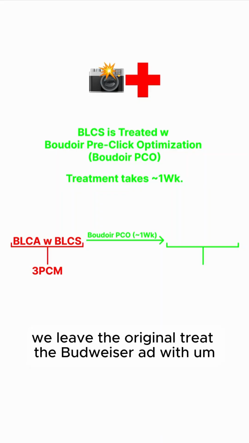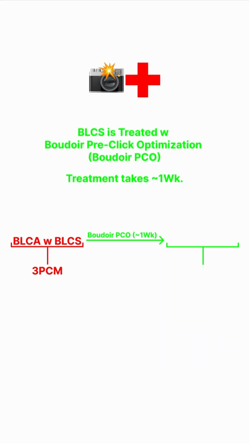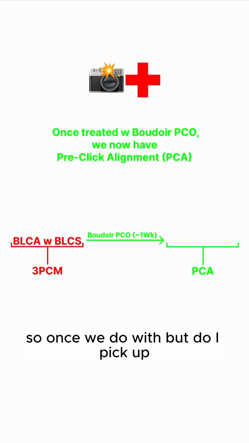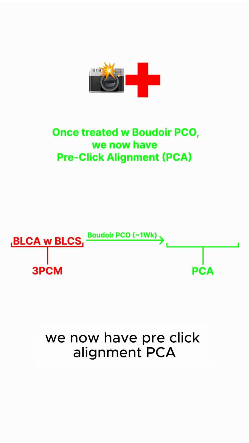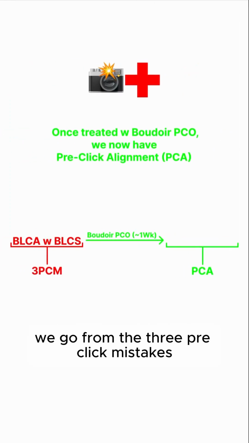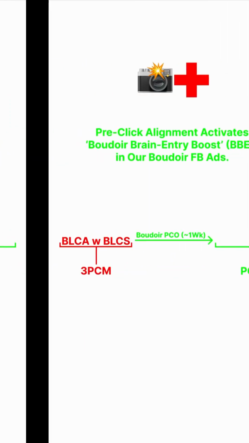We leave the original. We fix all 3 pre-click mistakes. So once treated with Boudoir Pico, we now have pre-click alignment, PCA. So we go from the 3 pre-click mistakes to pre-click alignment.